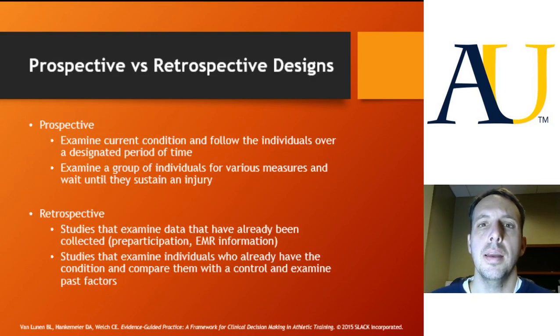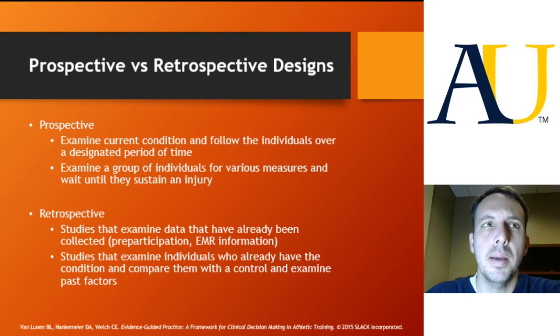So before we get into the different categories that often are associated with research methods, we need to talk about a higher level categorization, which basically is prospective or retrospective studies. The difference being whether or not the research question was derived before or after the data was collected.